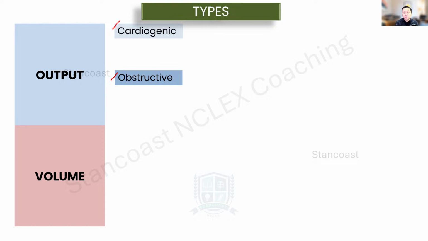These two belong to this classification as output type of shock, meaning the two types here, the cardiogenic and the obstructive type, will lead to a decrease in the cardiac output. The reason for that is because the heart will not be able to effectively pump the blood from the chamber, and it will not be able to supply enough blood to the circulation. Now, the cardiogenic shock is going to happen.